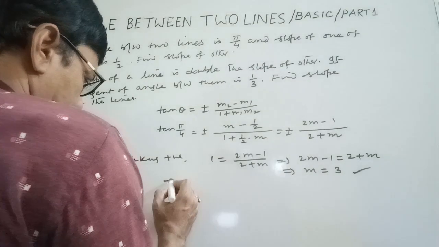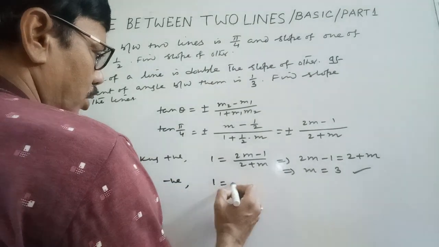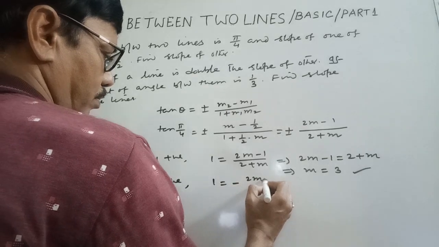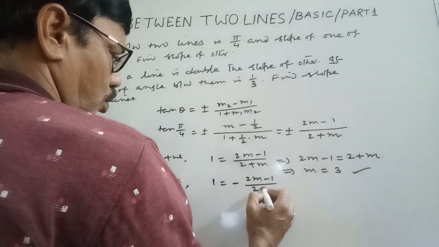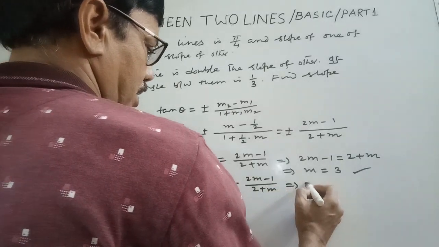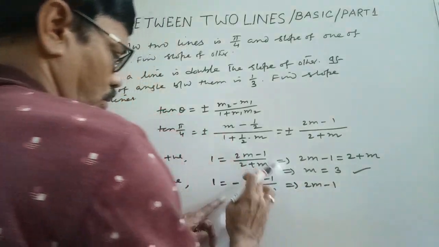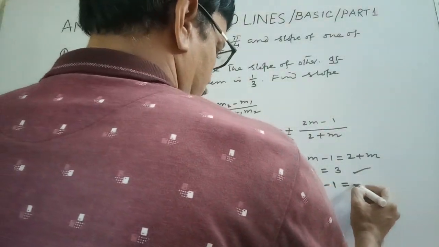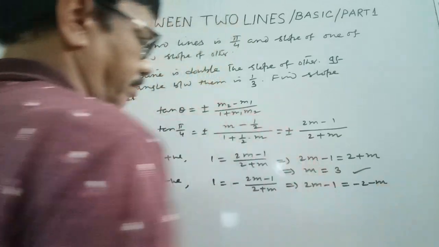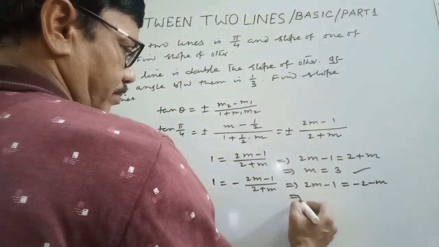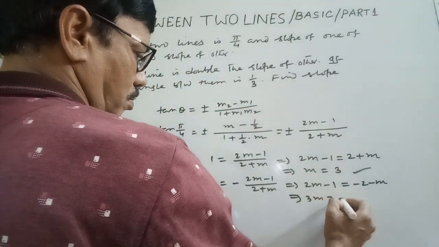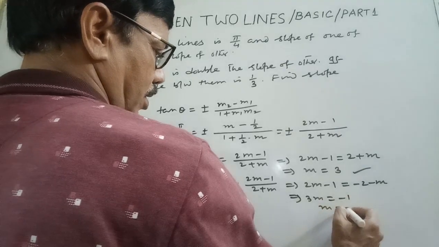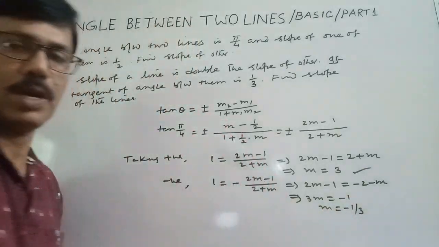Now taking negative, 1 equals minus (2m minus 1) by (2 plus m). So this implies 2m minus 1 equals minus 2 minus m. So 3m equals minus 1, m equals minus 1 by 3.